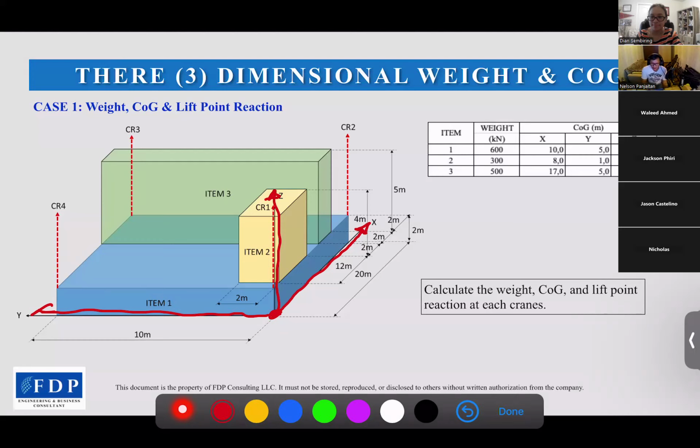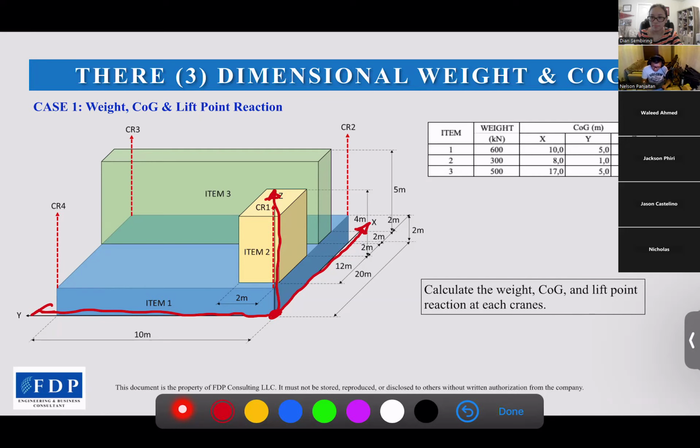Actually, there is no other formula that we can use for this. The only formula is the one we have discussed for the line one member COG.